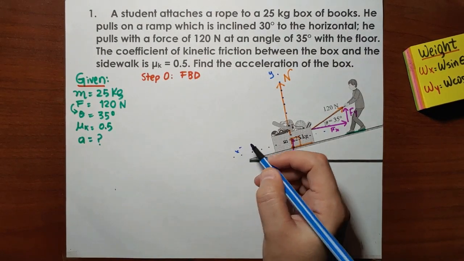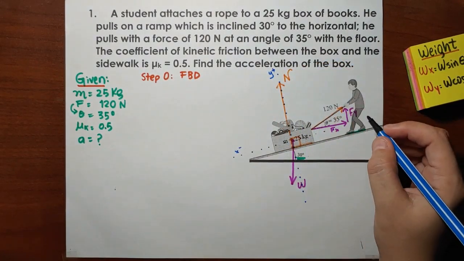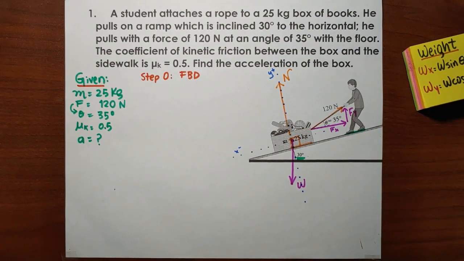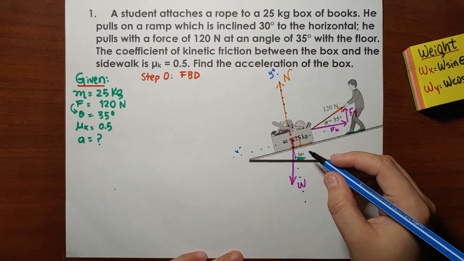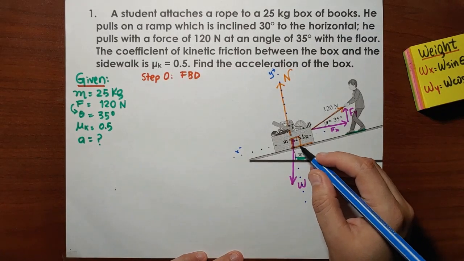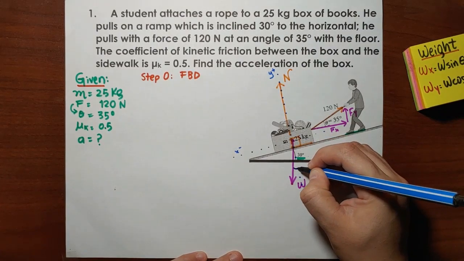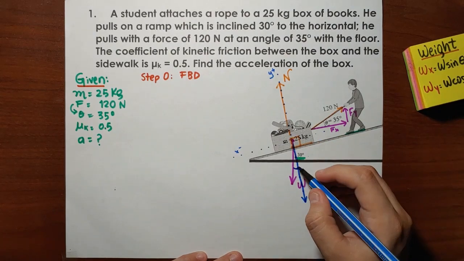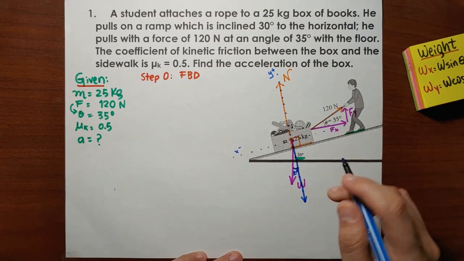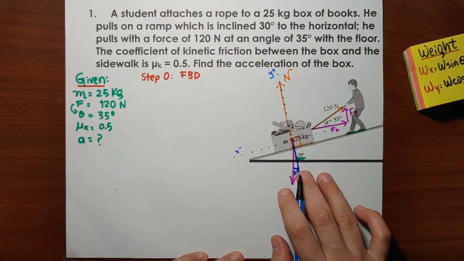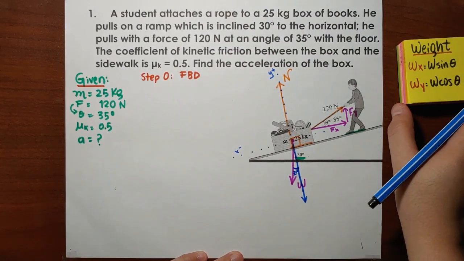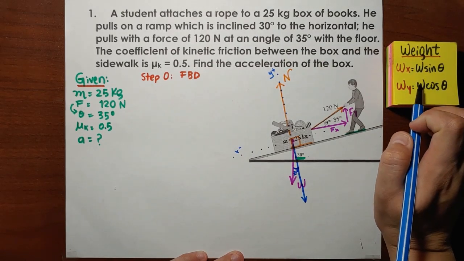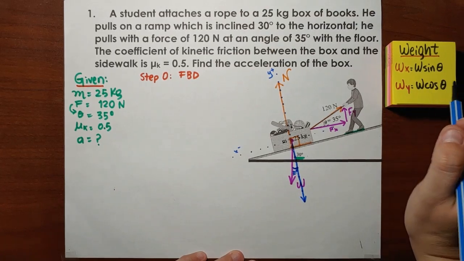This is the negative side of x, this is the positive side of y. X positive, negative y. Now, take a look here. This angle here of 30 is gonna be located here in my Cartesian plane. And that is why, because this angle is according to the vertical, my weight here, horizontal, is gonna be taking sine, and cosine for the y component.